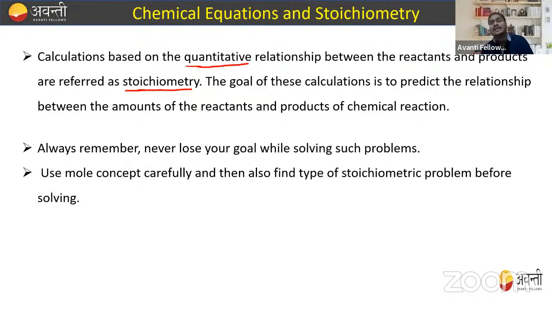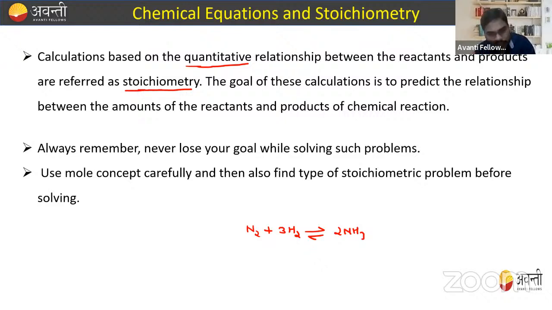The goal of this calculation is to predict the relationship between the amount of the reactant and product of the chemical reaction. It means what is the use of such equations? For example, N2 reacts with 3H2 to form 2NH3, and someone wants to calculate the amount of NH3 formed in this reaction.